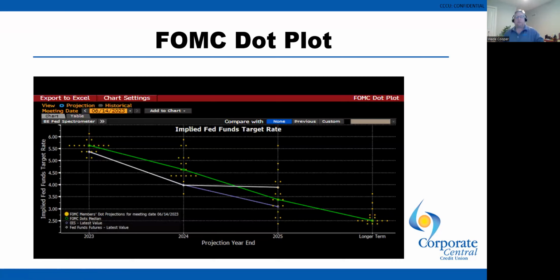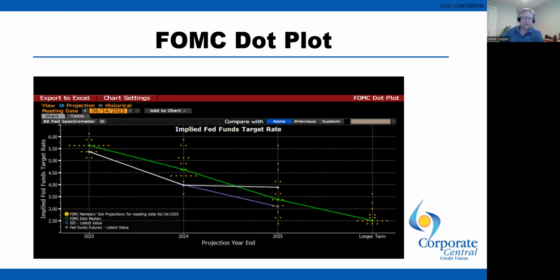This is the FOMC dot plot. So this is the prediction of the Fed, which I always find interesting, because I don't like predicting the future. They're trying to predict the future, and they have this dot plot.